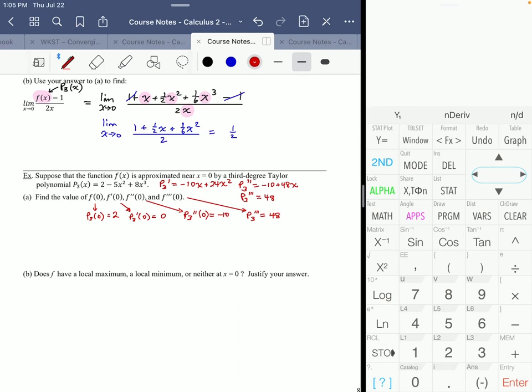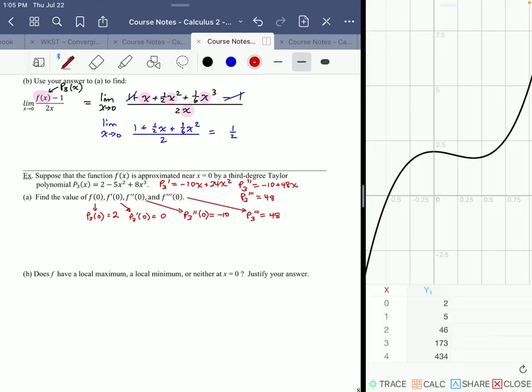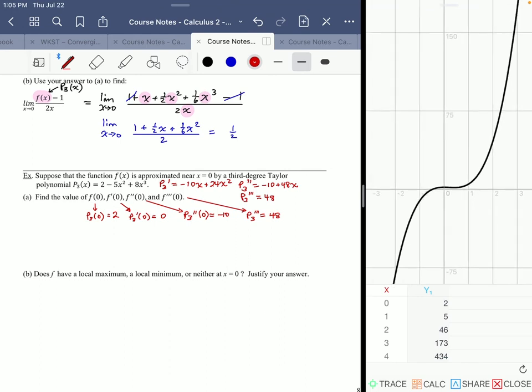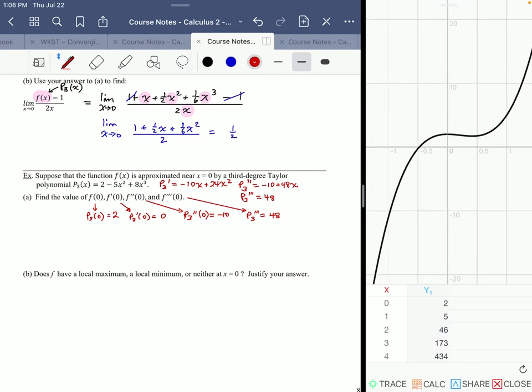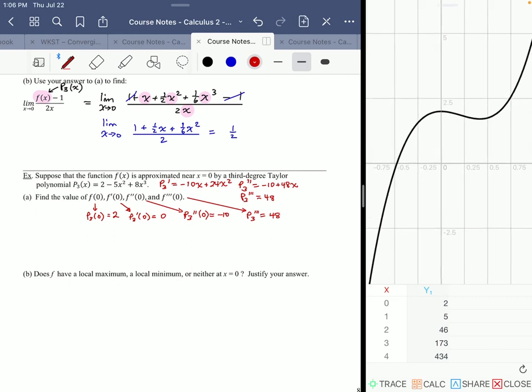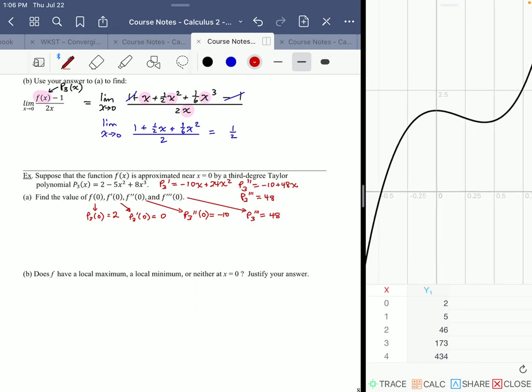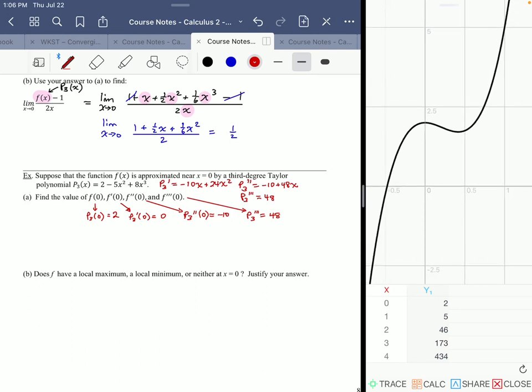All right, now they're asking, do we have local extrema at 0? One way to do that, because we know again that the function f of x is well approximated by p sub 3, I can type in the function and look at the picture. I zoomed in big time here. If I had a really outward zoom, it looks like it's kind of leveled off, but if you bring it in close enough, it does appear that there is a local extreme value at or around 0.